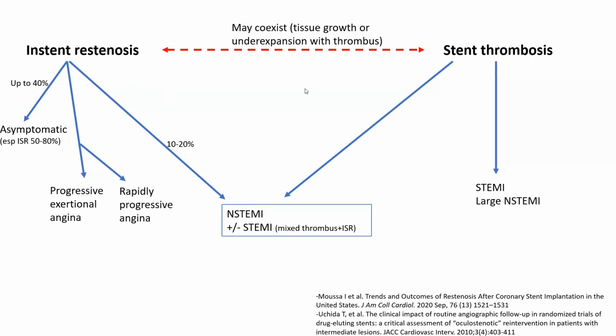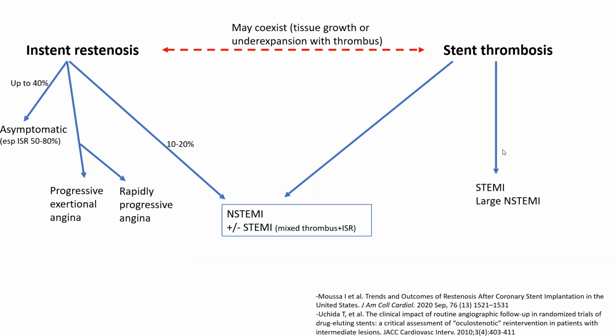Two, in-stent restenosis and stent thrombosis, as I explained, may coexist. For example, you have a thrombus on top of tissue growth or thrombus on top of underexpansion. That's why in any MI presentation, it's very important to rule out a combined mechanism of in-stent restenosis plus stent thrombosis.